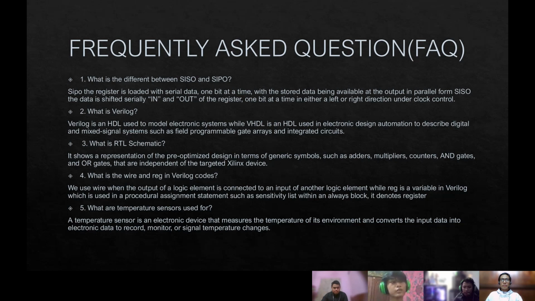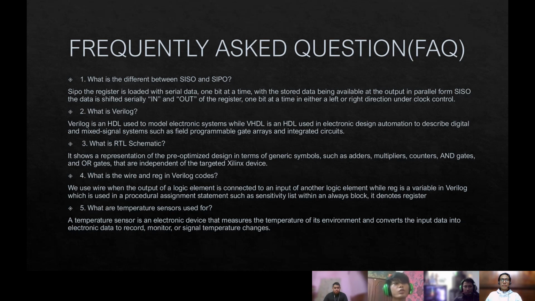Okay, the next question is, what is Verilog? Verilog is an HDL used to model electronic systems, while VHDL is an HDL used in electronic design automation to describe digital and mixed signal systems such as field programmable gate arrays and integrated circuits.